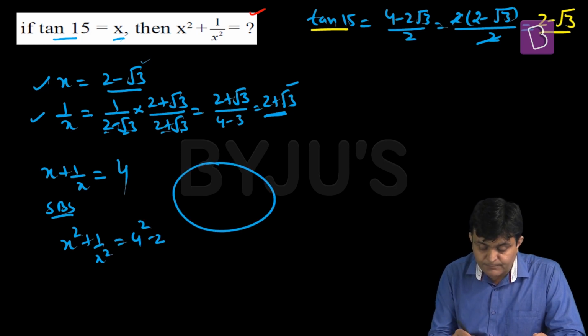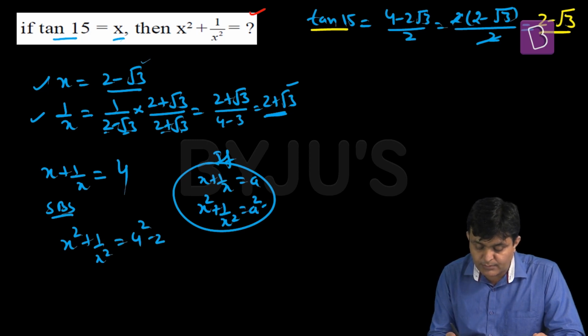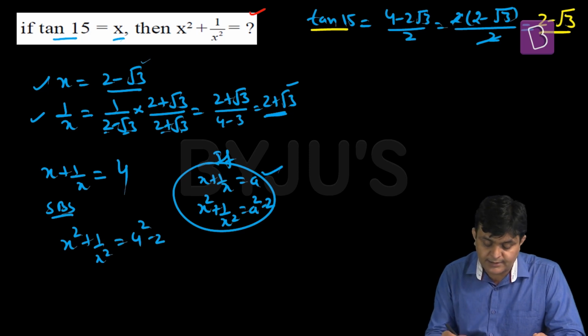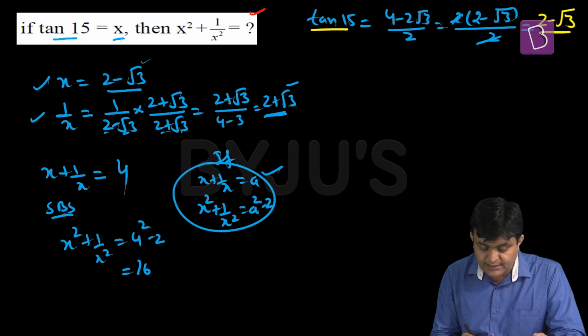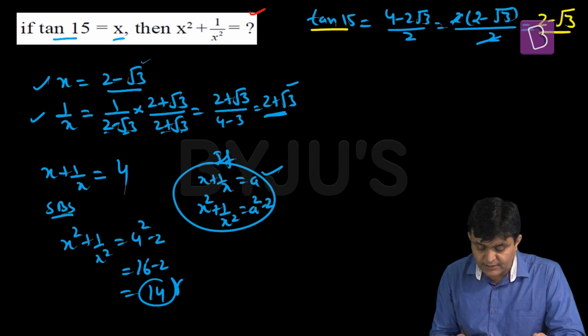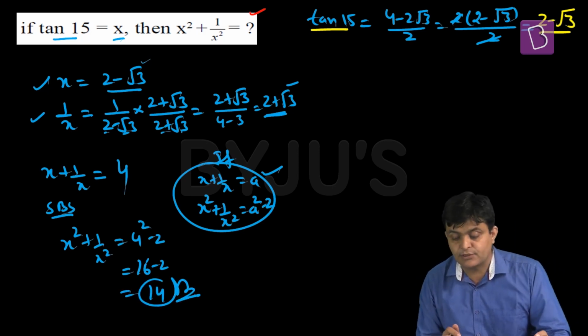Let me remind you, if x plus 1 by x is a, then x square plus 1 by x square is a square minus 2. Please remember it. So it is 16 minus 2, that is 14, my final answer for this question.